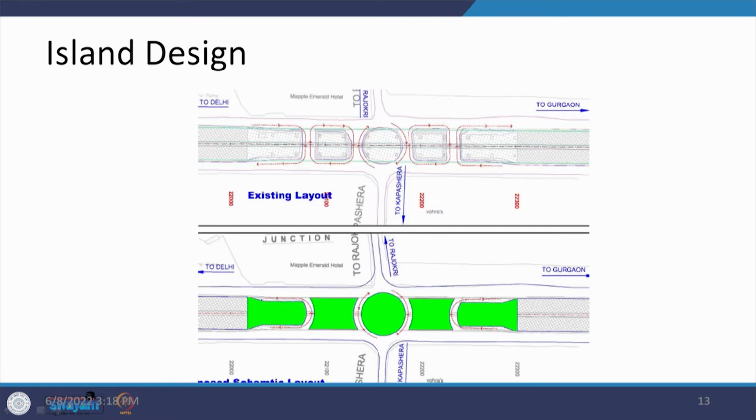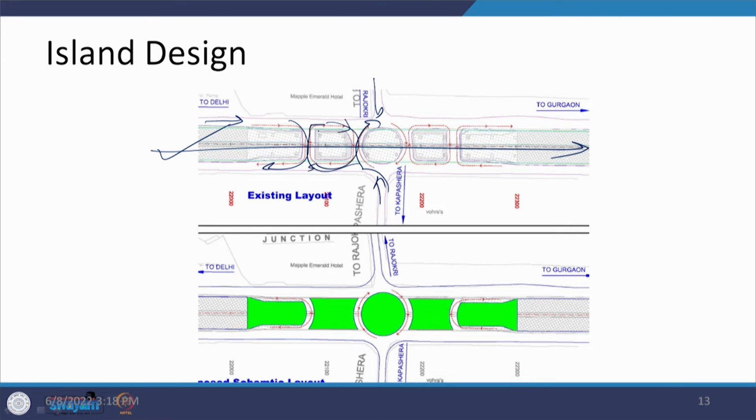Here, for example, you can see there is this type of system where an elevated road is being provided. At the bottom of the elevated road, there are crossroads, and for these, various types of movements were there. So, the traffic coming from this direction can go in this, the traffic can come here and go in this, or even it can go in this form, or there can be a movement in this.